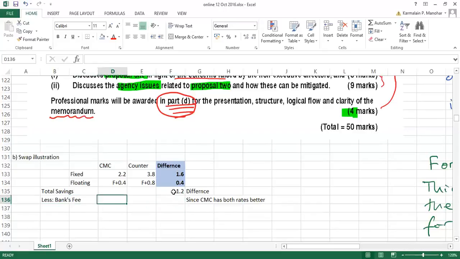And in this case, remember the bank fee is 20 basis points, which would equate to dividing the basis points by 100, 0.2%.